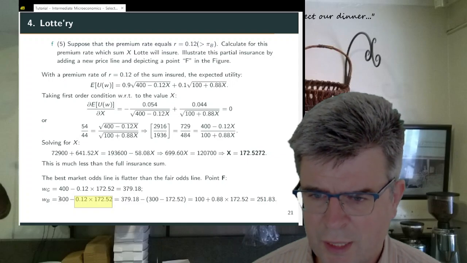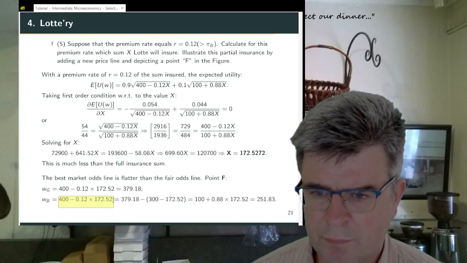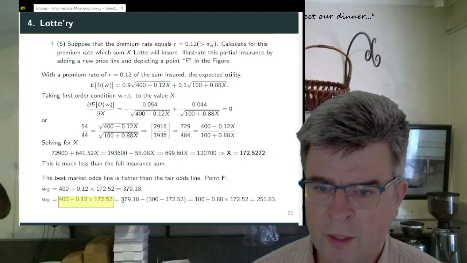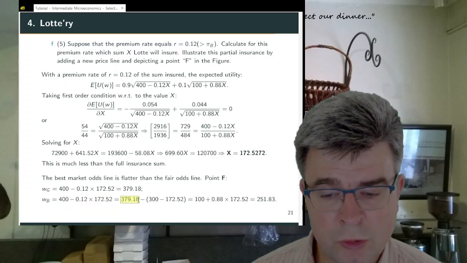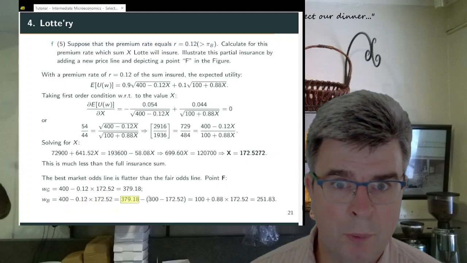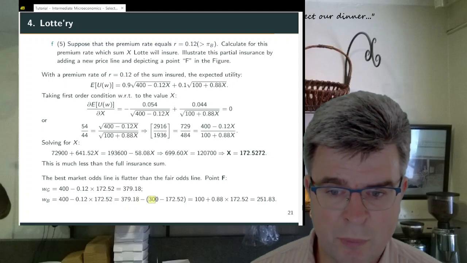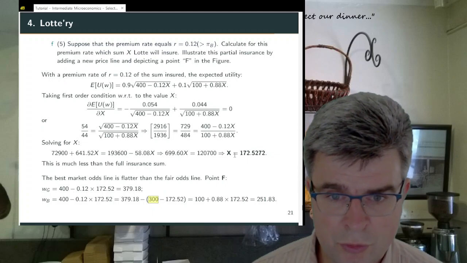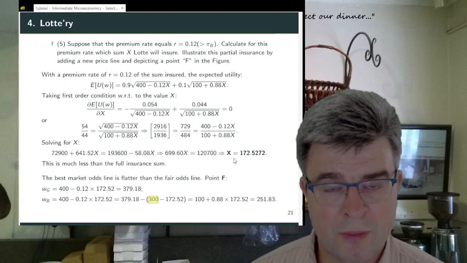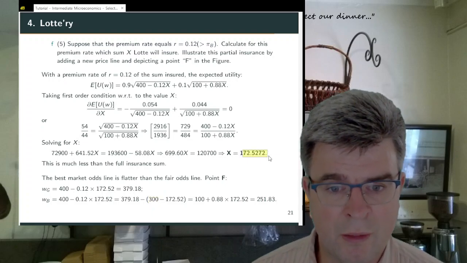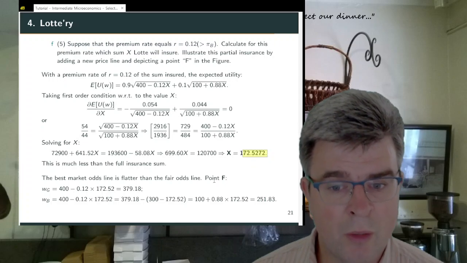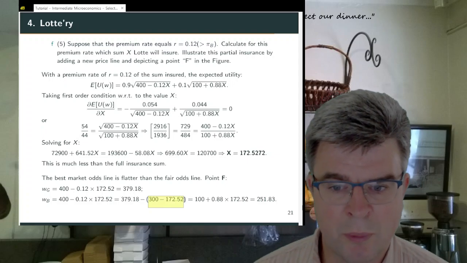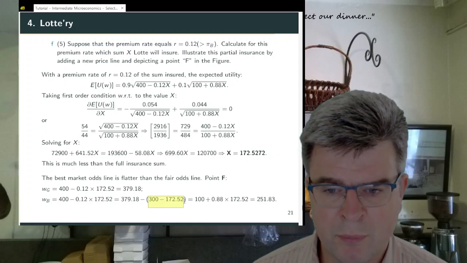Yeah, so there's a mistake over here. So forget about this thing. In the bad state of the world, she will also pay the premium, but the bad state of the world means that she will lose 300, but she's partly insured, so she will not lose the entire amount because 172 will be paid to her by the insurance company, so her net loss will be 300 minus that amount.